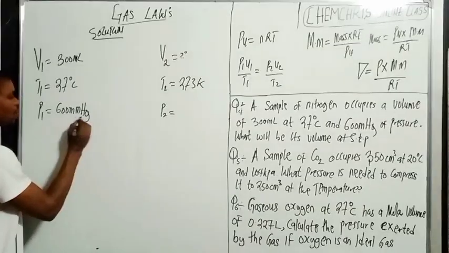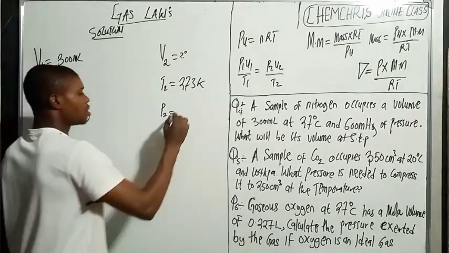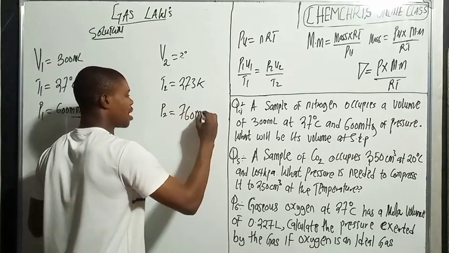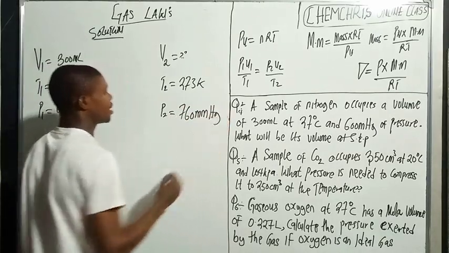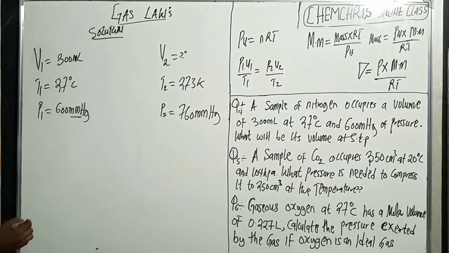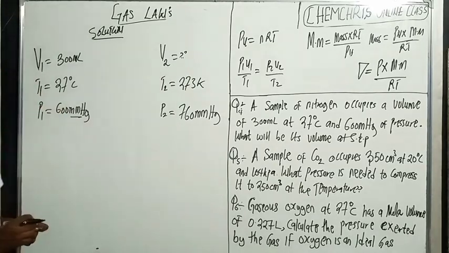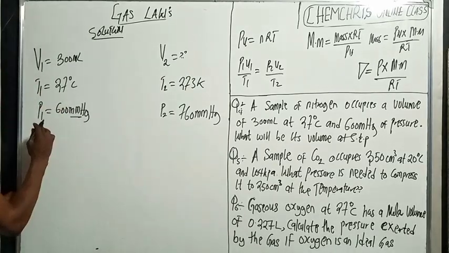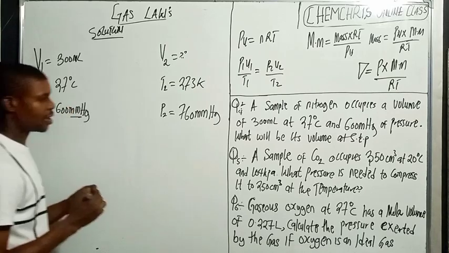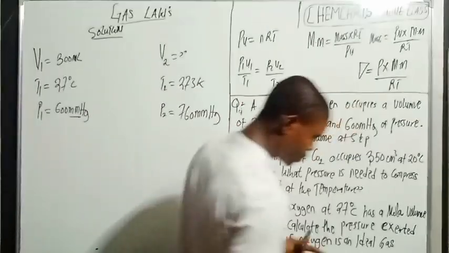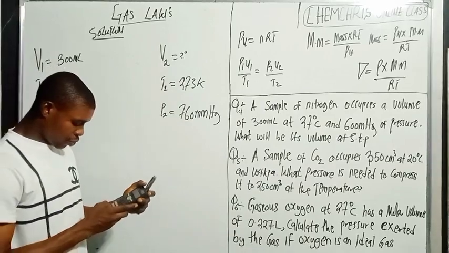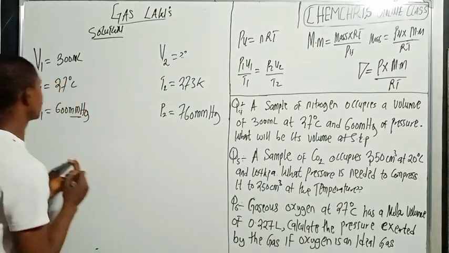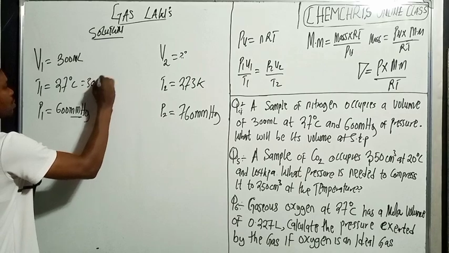Since our pressure is in millimeter mercury, here it would be 760 millimeter mercury. Do you understand? The only thing I want to do is convert this temperature to Kelvin by adding 273. So 27 plus 273 equals 300 Kelvin.